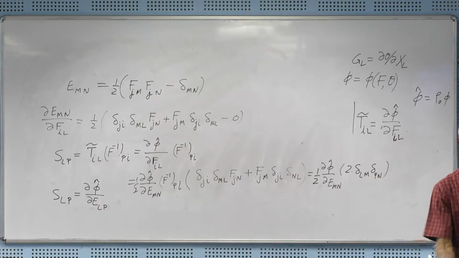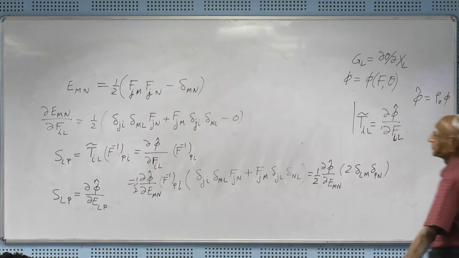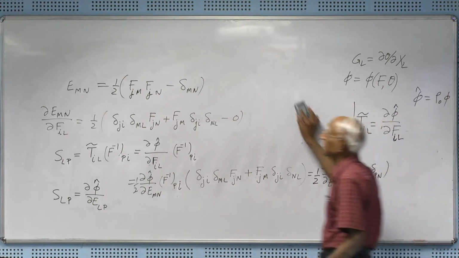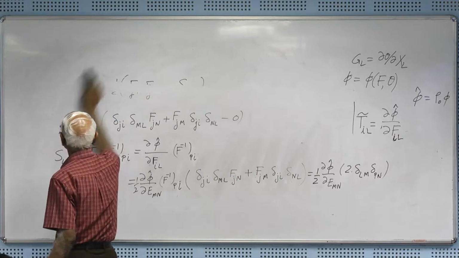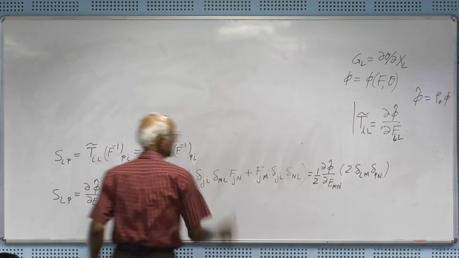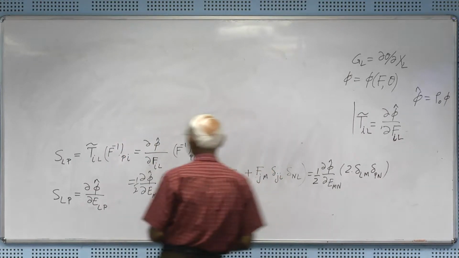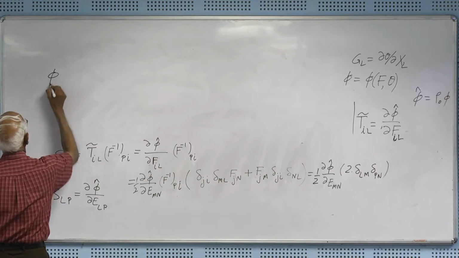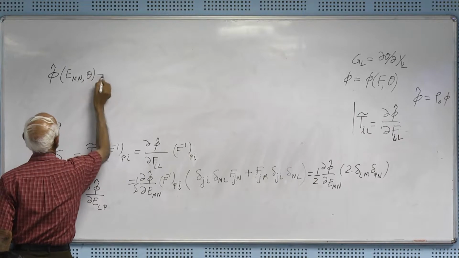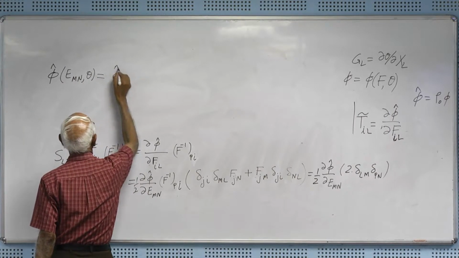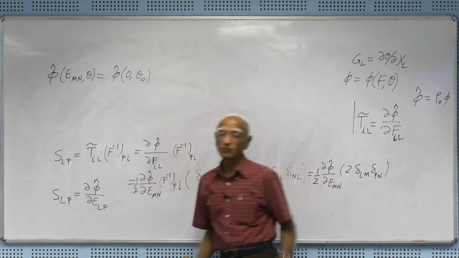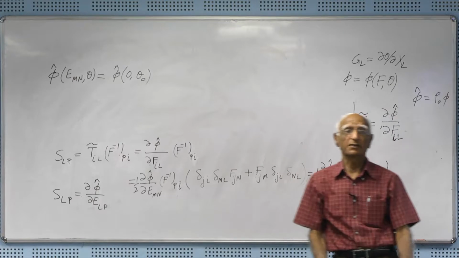Okay, now the next step is, if I don't want to do physical experiments, then I will say my phi hat is a function of E and temperature. So I will expand this in terms of a Taylor series about 0, theta 0, where theta 0 is the temperature in the reference configuration.